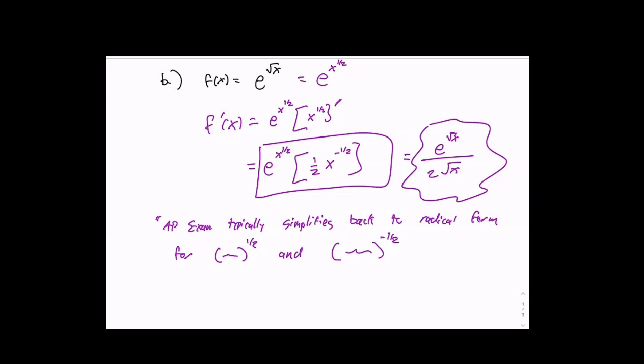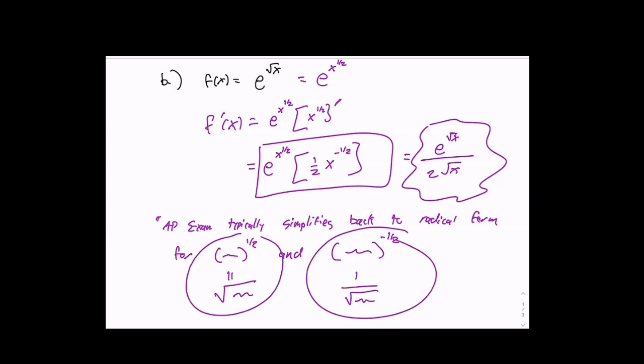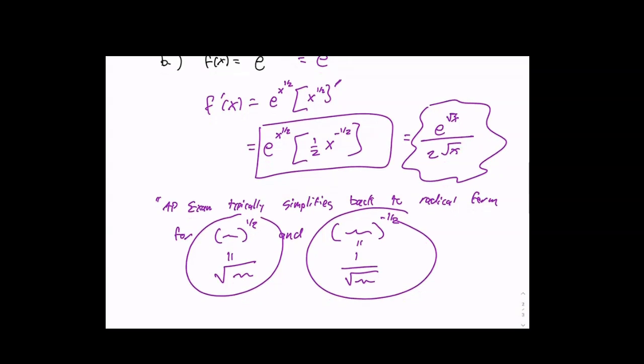So in other words, you would see a square root or 1 over the square root for these ones.